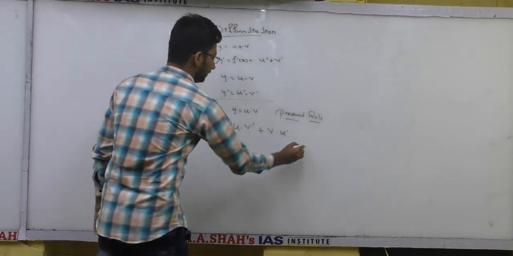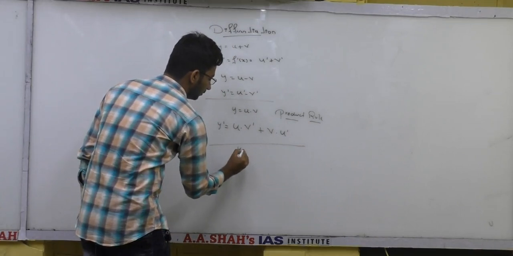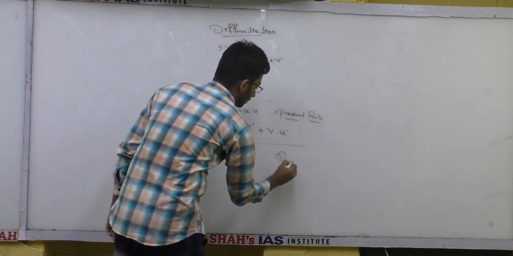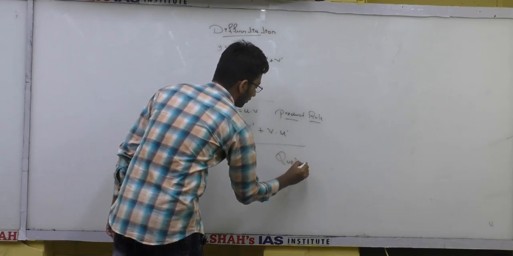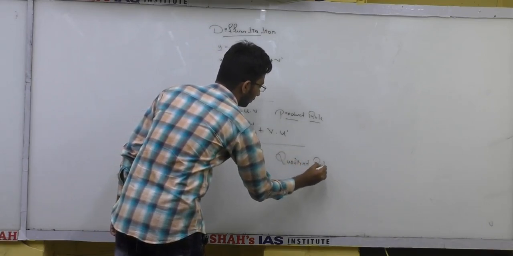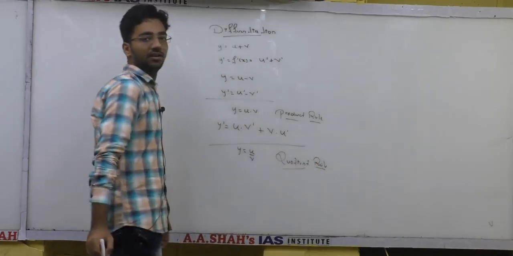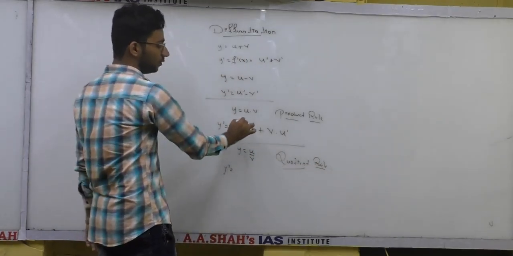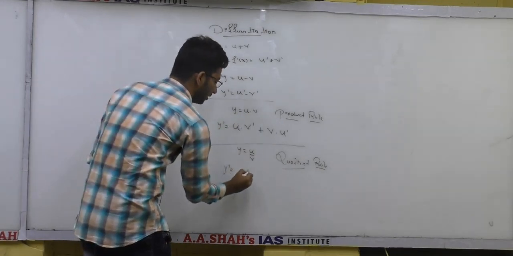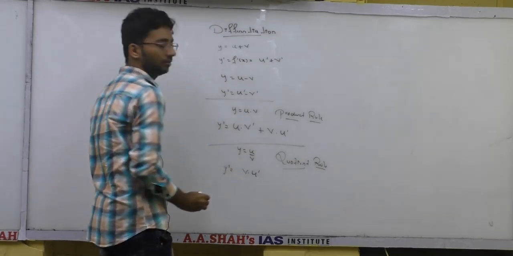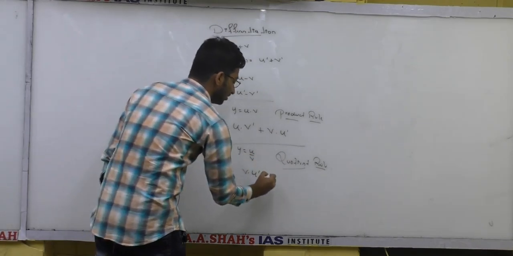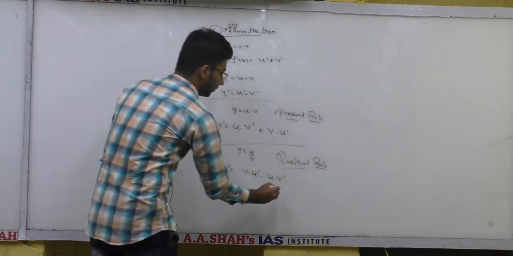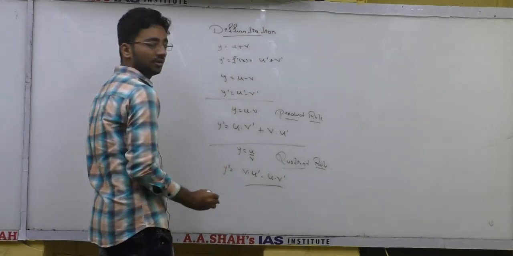And now if we have y equal to U upon V, which is called the quotient rule, then y dash will be V times the derivative of U minus U times the derivative of V, upon V square.